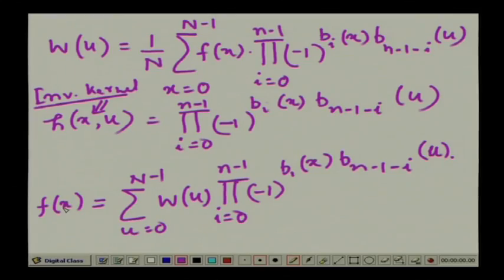So, here you find that the forward transformation and the inverse transformation are identical. The only difference is the multiplicative factor 1 upon capital N, but otherwise the transformations are identical, so the algorithm used to perform the forward transformation can also be used to perform the inverse Walsh transformation.